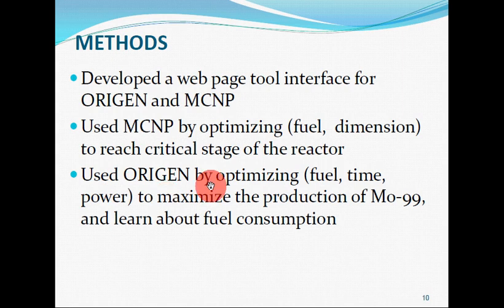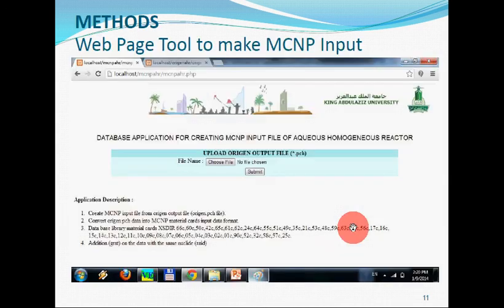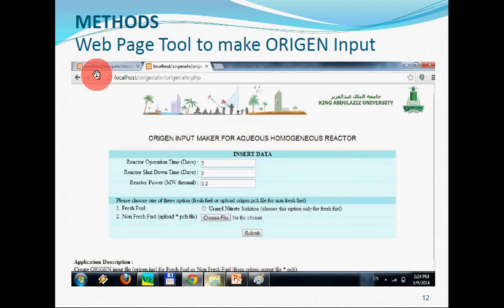Use ORIGEN by optimizing fuel, time, power to maximize the production of molybdenum-99 and learn about fuel consumption. This is the web page tool to make MCNP input, and this is the web page tool to make ORIGEN input.